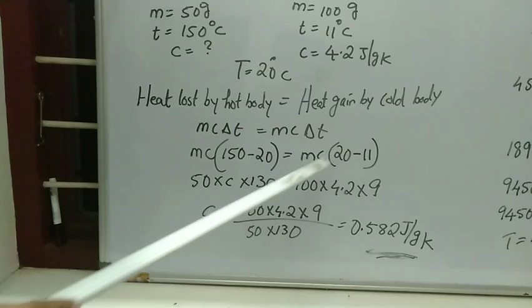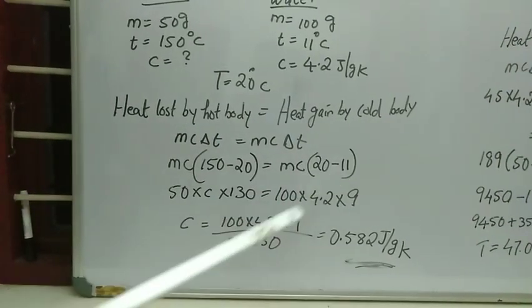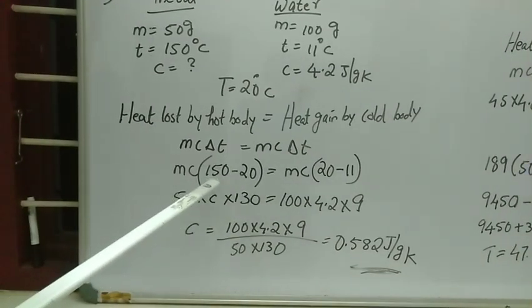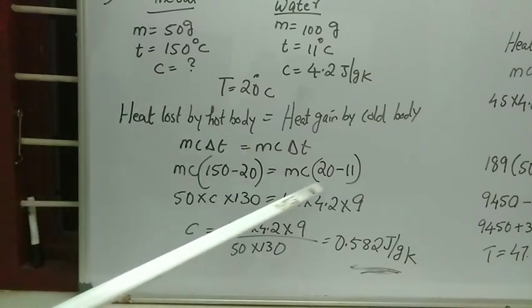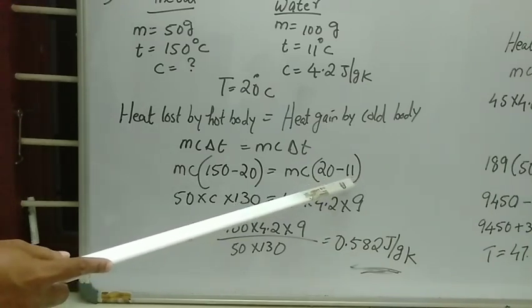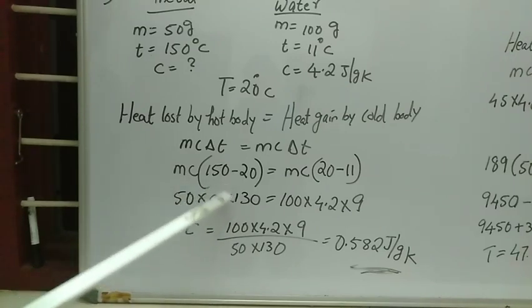In the case of heat gained, it will be the final temperature minus its initial temperature, 20 minus 11. Or you can keep in mind, the temperature change will not be negative values. So always you have to subtract the lower value from the higher value. Here final temperature is 20, higher value minus lower temperature.